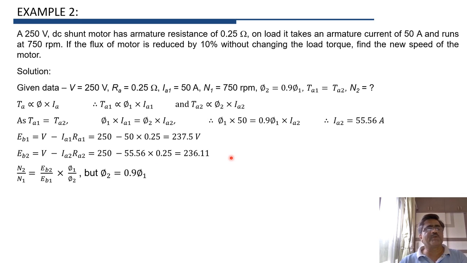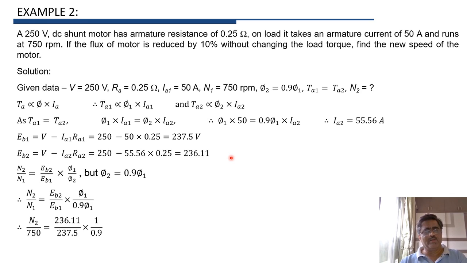Now we know the expression for N2 upon N1, which is equal to EB2 upon EB1 into phi 1 upon phi 2. But phi 2 is 0.9 into phi 1. So substituting these values, we get N2 upon N1 is equal to EB2 upon EB1 into phi 1 upon 0.9 phi 1.